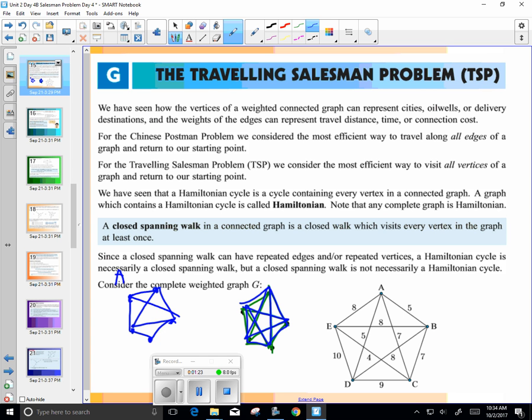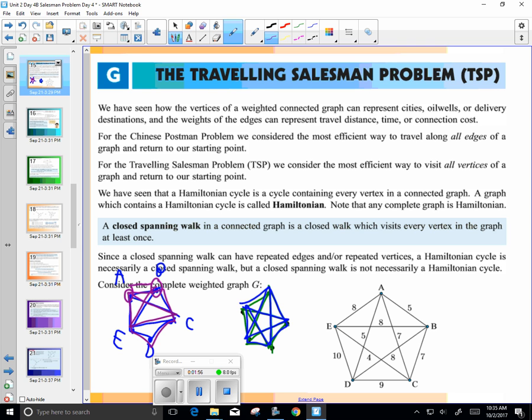If we label them A, B, C, D, E, A and B are odd. So what you're going to have to do is go around this whole thing, but then what are you going to have to do? Repeat AB. And you only have to repeat once because there's only 2 odd ones. The more odd ones, then you're going to have to be a little more strategic. So that was the postperson problem, all the edges.